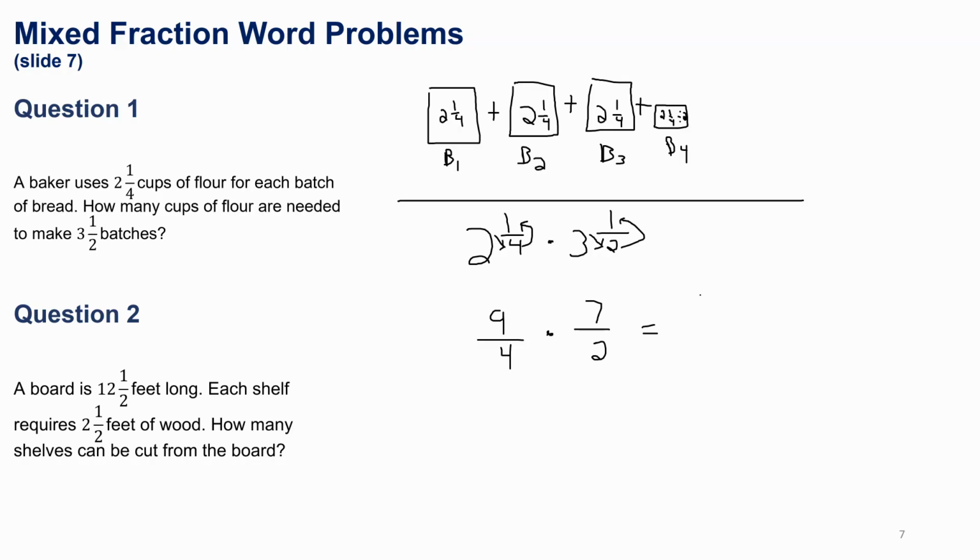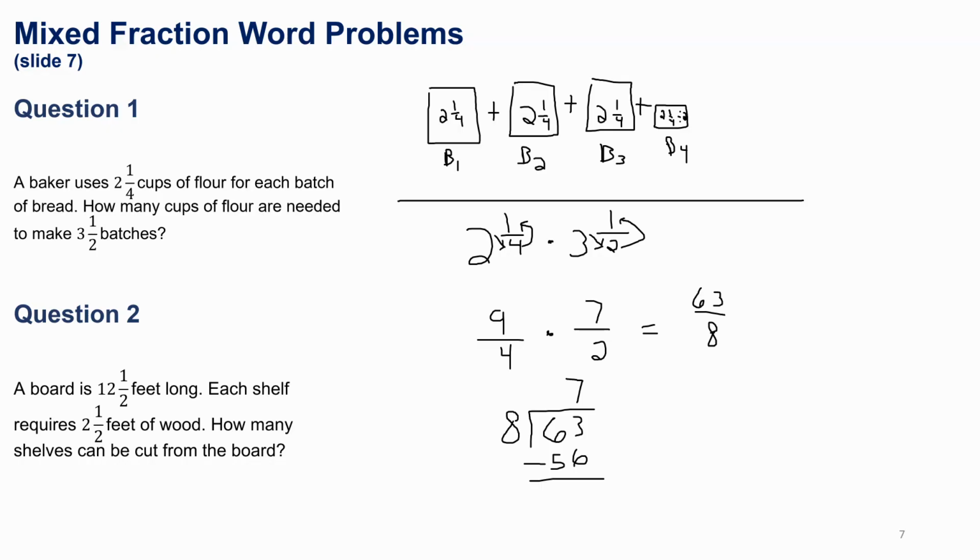9 times 7 then is 63. And 4 times 2 is 8. So now I have 63 over 8. Now, there's not a number that divides evenly into 63 and 8, but there is a mixed fraction that can come out of this. So we're now going to ask, how many times does 8 go into 63? So 8 goes into 63 7 times. 7 times 8 is 56.